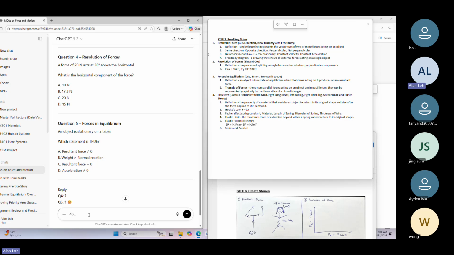Yunta, drawer number 2, and the answer. You need to do the calculation. Forces. So the answer is horizontal. Horizontal is cos. So 20 cos 30. I don't know why it's cos 30. Let's say if it is B, then it's B. But the formula is this one, 20 times cos 30 degrees.